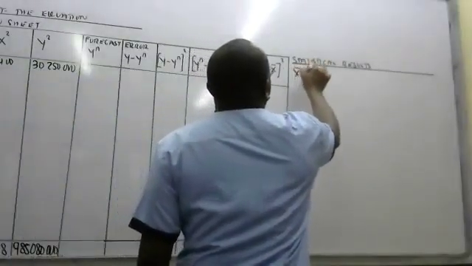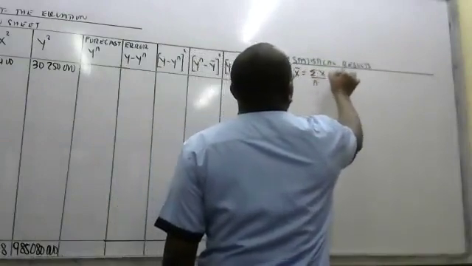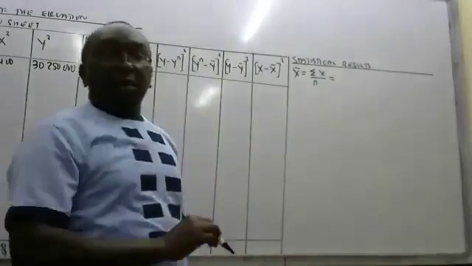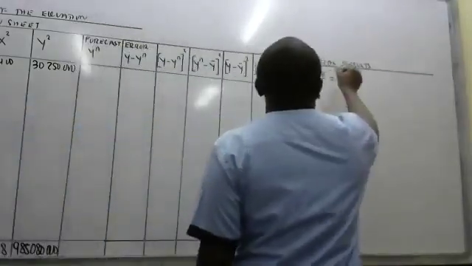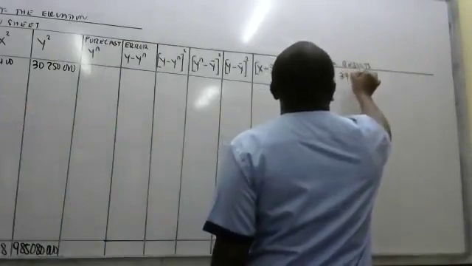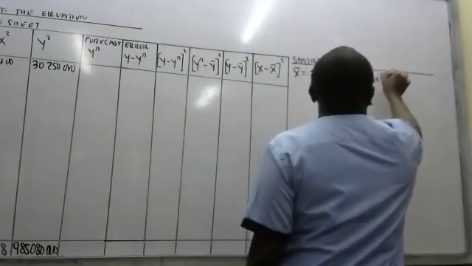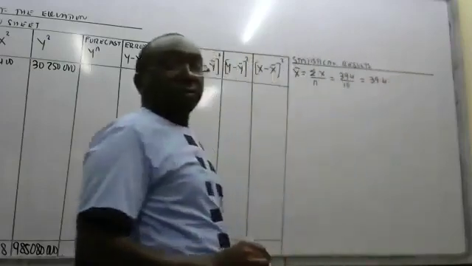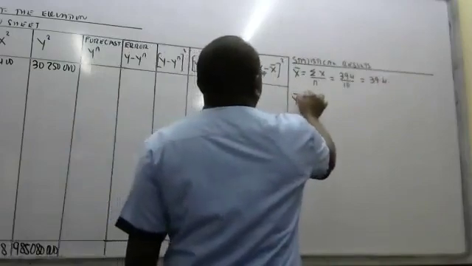Now X bar, we know it is always sum of X you divide by N. That one we know from our descriptive statistics. So it is going to be 394. You divide by 10, and that is 39.4. Then the other one is Y bar.